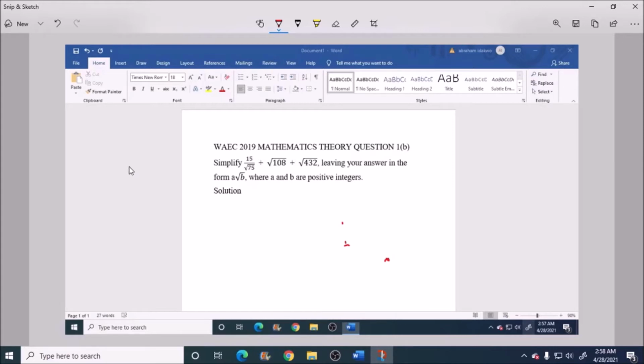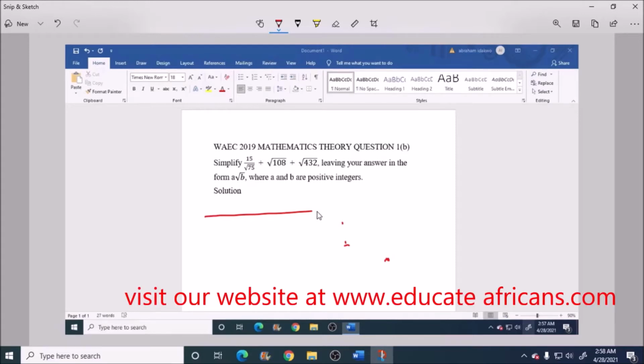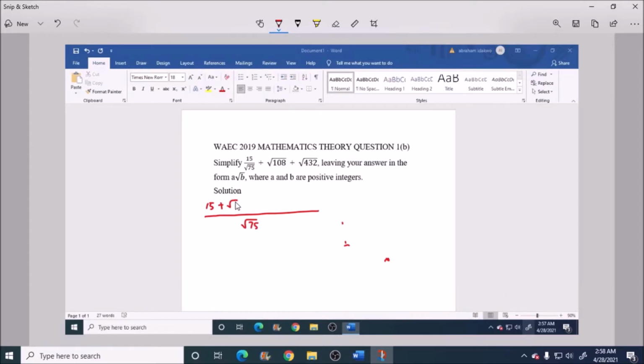by finding the LCM. Root 75. So here we have 15, follow me closely, plus we have root 75 times root 108 plus root 75 times root 432.